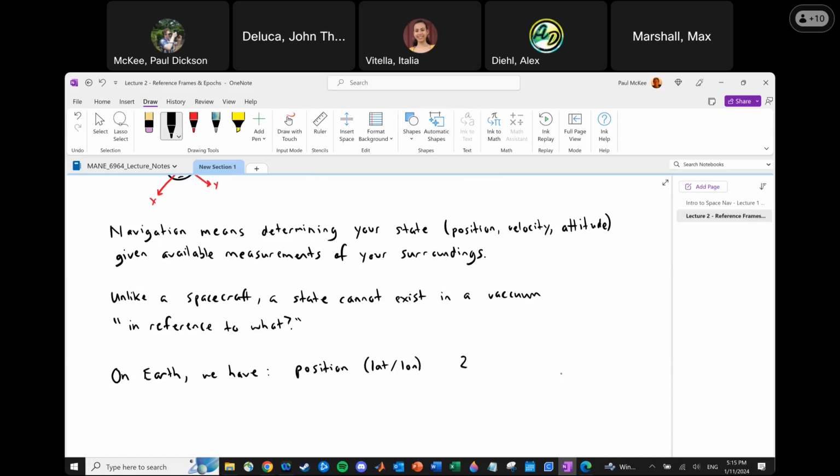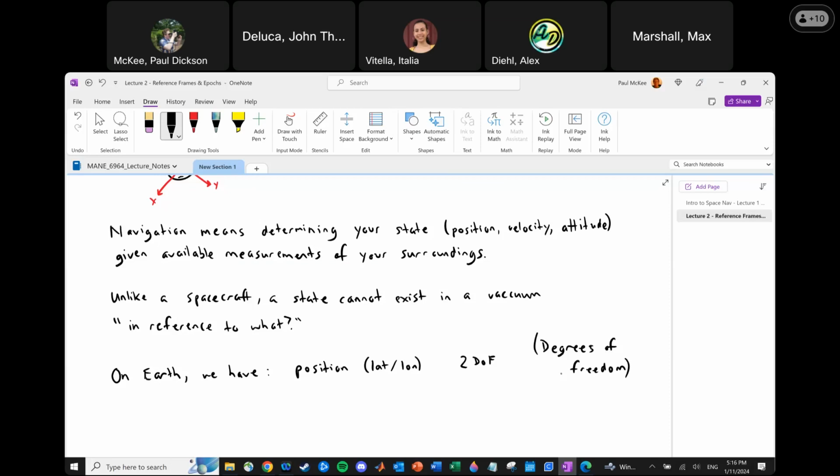That's 2 degrees of freedom, right? We would agree that position is a 2-degree of freedom problem. I should mention this is degrees of freedom. That's what I mean by DOF, degrees of freedom. So you can move in the latitude direction, you can move in the longitude direction, right?